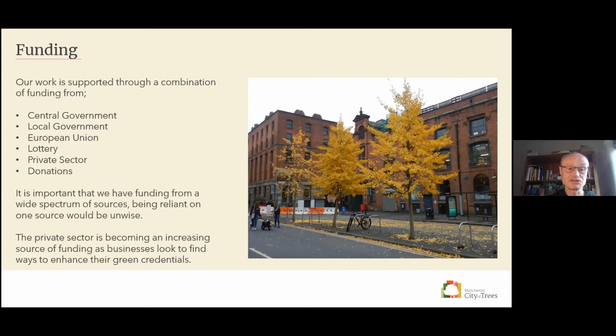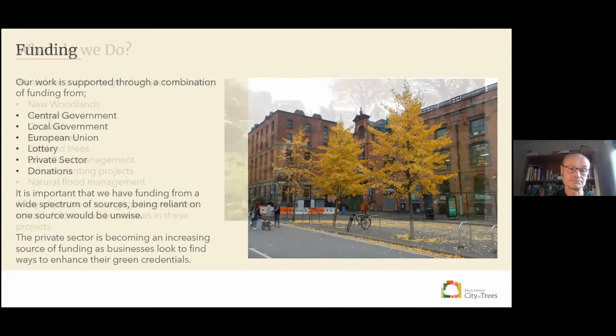We also receive lottery funding, donations from the wider public, but also, increasingly more importantly, we are receiving funding from the private sector. The private sector, I think, really understands the importance of what we're doing, and from their corporate images, it's important that they are seen to be supporting green projects, and in particular projects that have a carbon benefit to them.